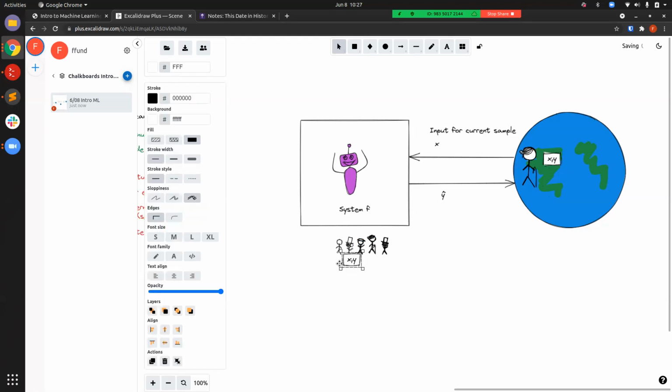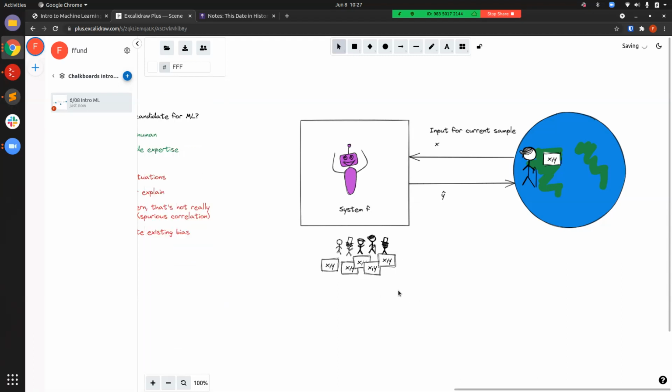In supervised machine learning, we have some input that's an XY pair. So X is, let's say, the input that we're giving to the machine learning system, and Y is a true value that we're trying to estimate. And all of the previous data that we're using to train the system is also in these XY pairs. So this is a supervised machine learning system.